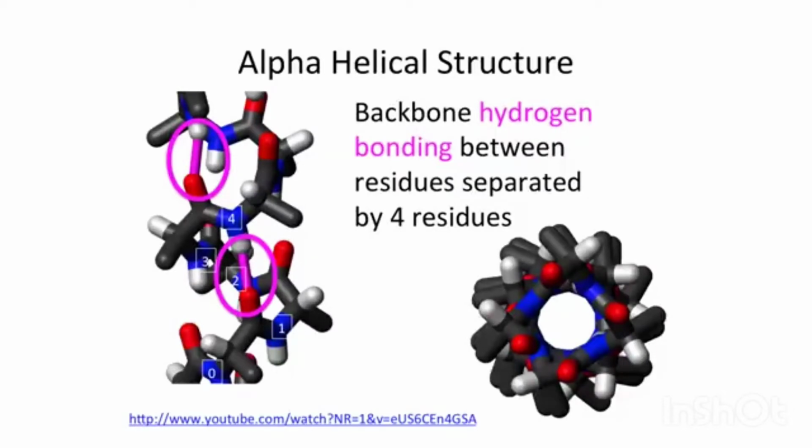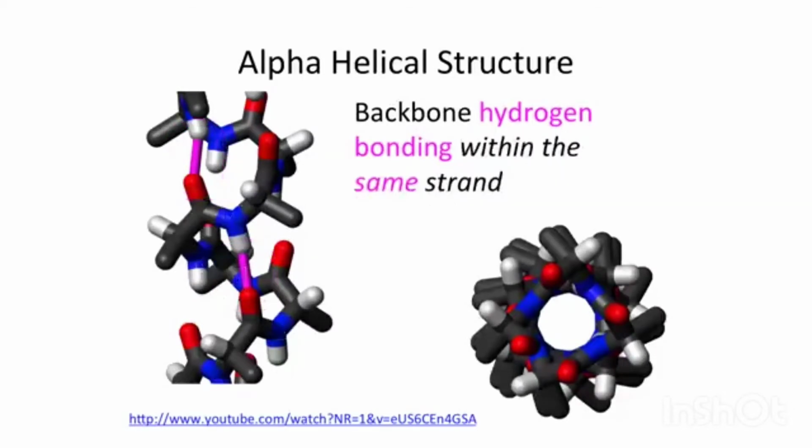So backbone hydrogen bonding between residues that are separated by 4 residues. And notice that this hydrogen bonding, this alpha helical structure, is within the same strand. It is a close interaction within a single region of polypeptide strand.